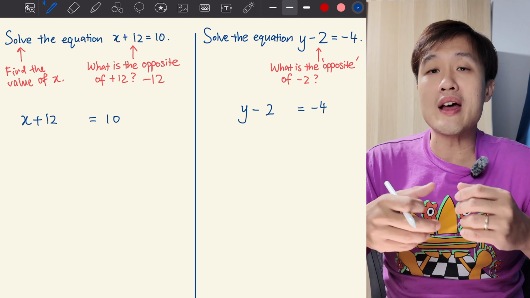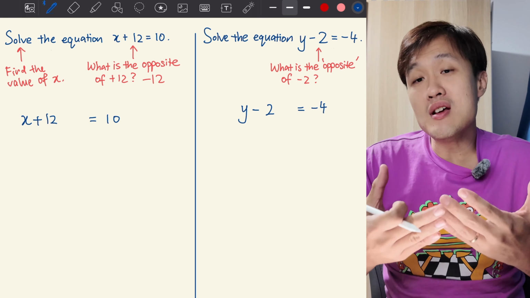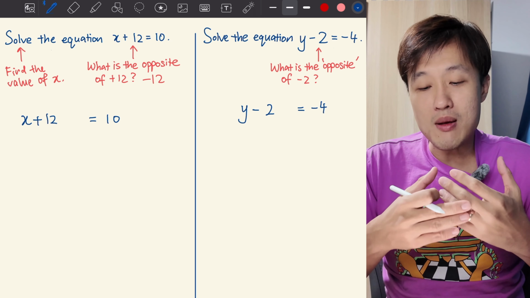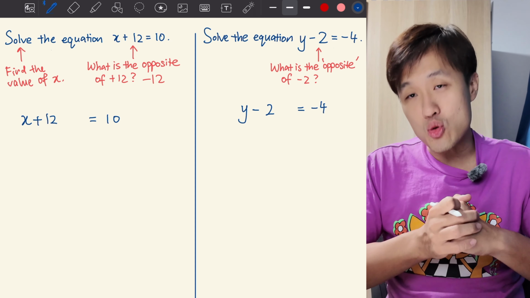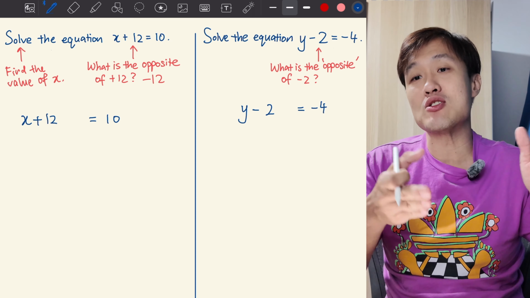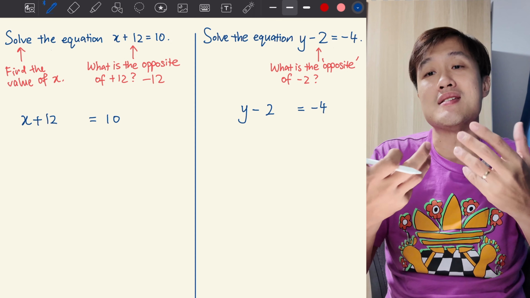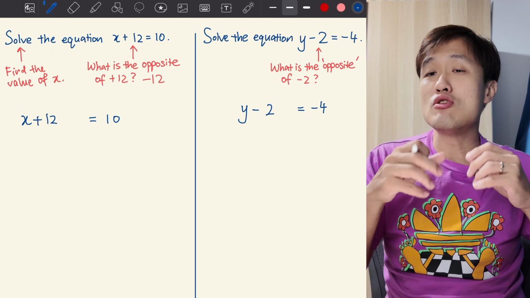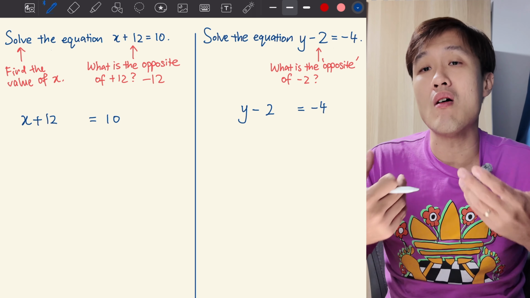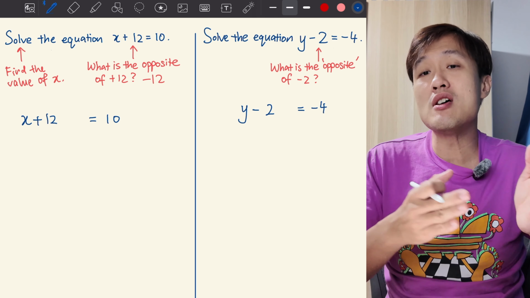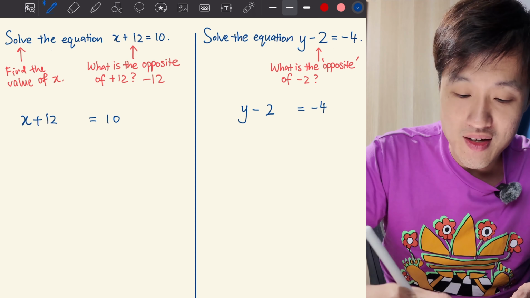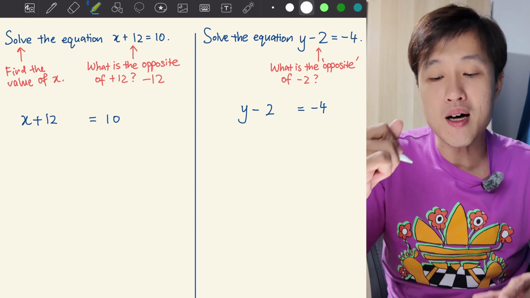So in order to do that, we realize that we need to remove the positive 12. There is a x plus 12, that plus 12 itself is extra, we need to remove it. So you need to consider what is the opposite. So the opposite of positive 12 is negative 12, as I put in here.